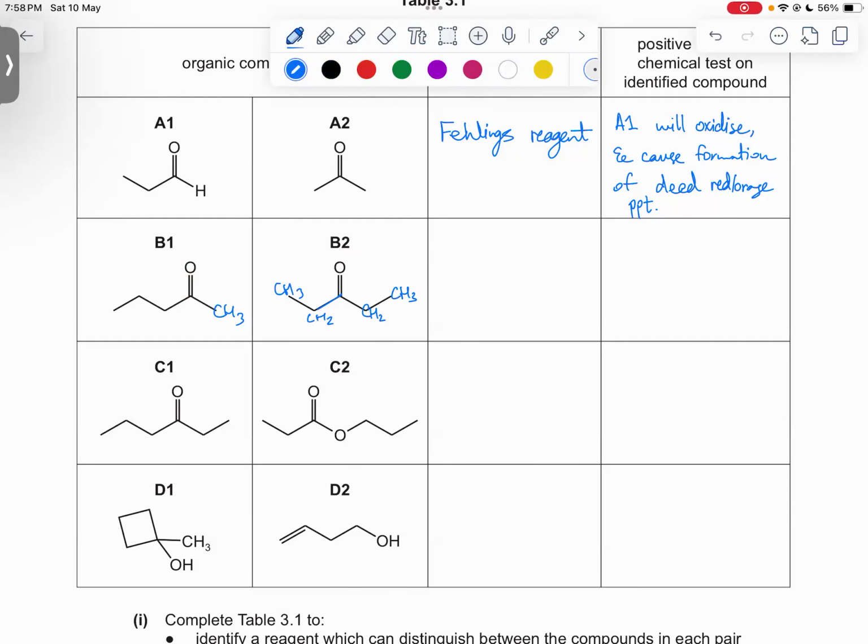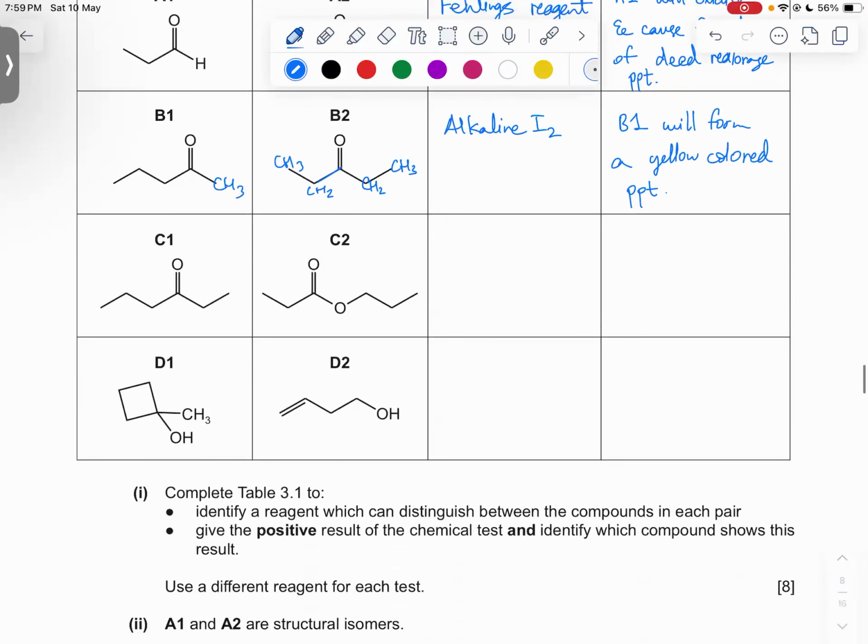Only one test can distinguish this, and that is the alkaline iodine test, alkaline I2. If a CH3 is present, then the alkaline iodine will cause the formation of triiodomethane, which is a yellow colored precipitate. So we will say B1 will form a yellow colored precipitate. Full stop.